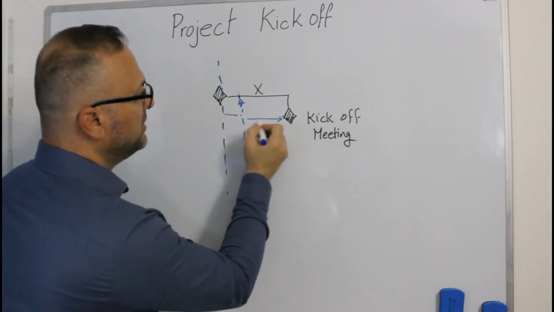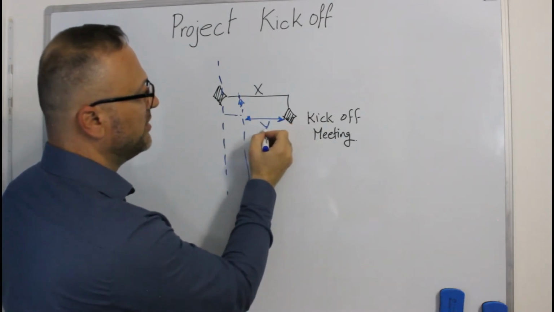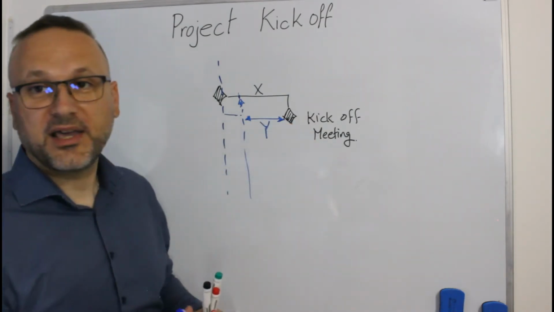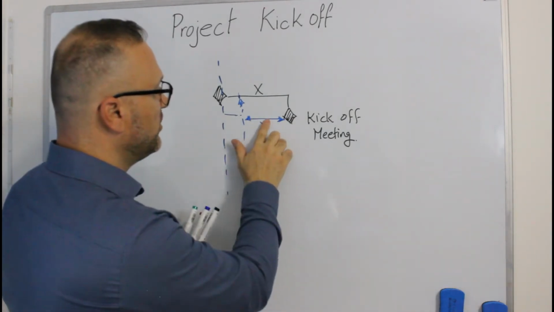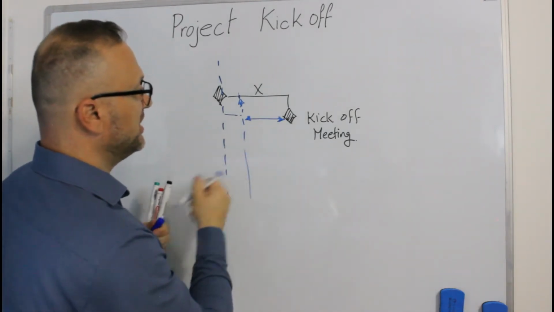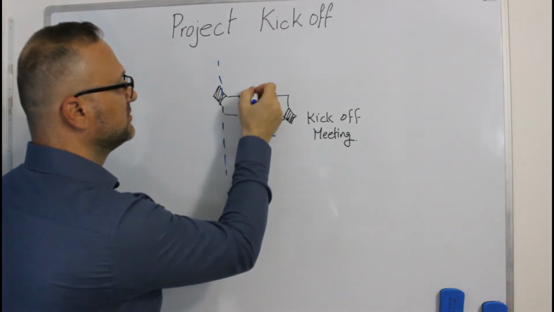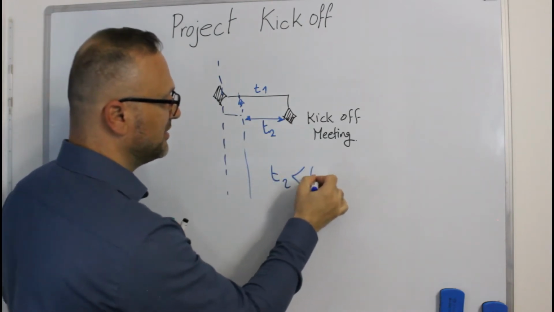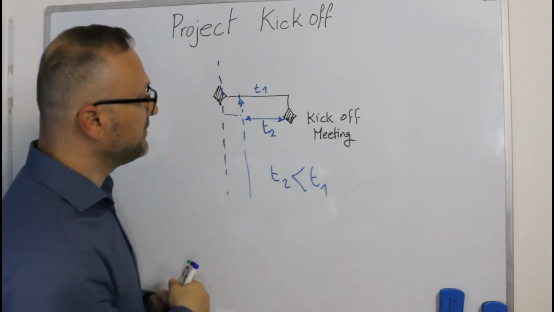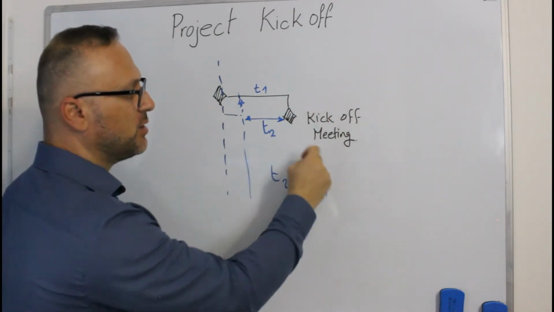So you need to start preparing for your kickoff meeting within time T2, T1, which is T2 less than T1. Okay, so you have a limited time to start preparing your kickoff meeting.